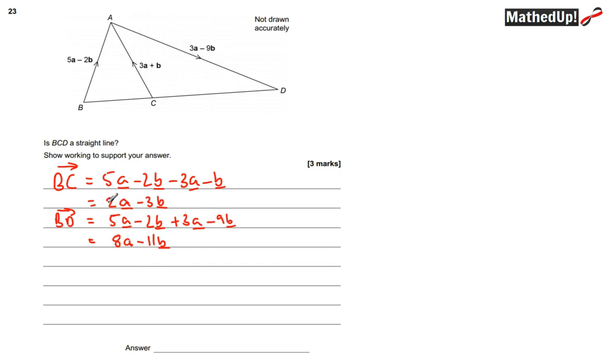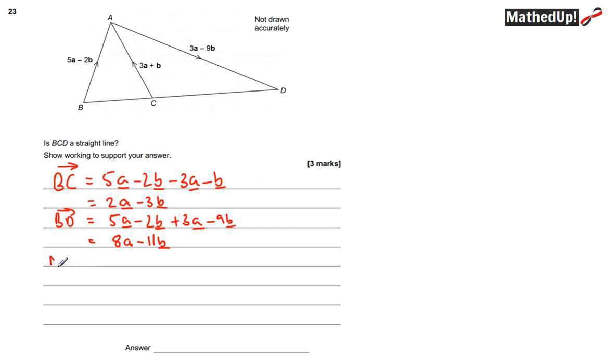Now 8a is 4 times as big as 2a, but negative 11b isn't 4 times as big as negative 3b, so these aren't actually going in the same direction. This isn't a multiple of this. So it says, is BCD a straight line?